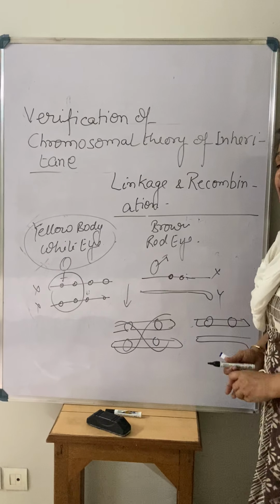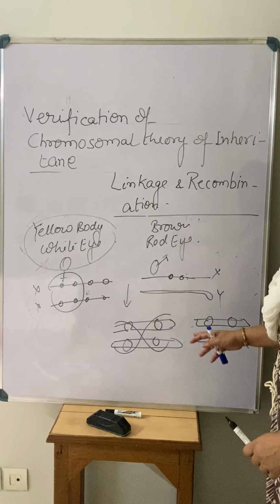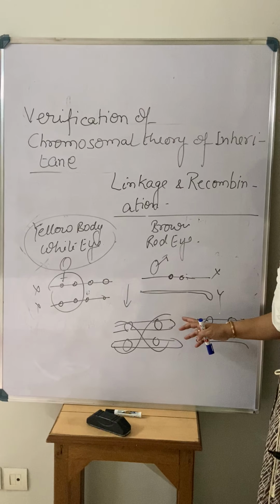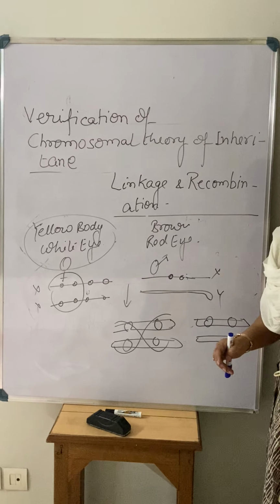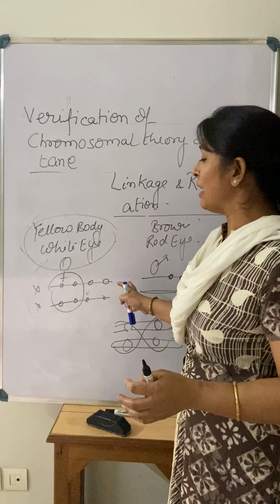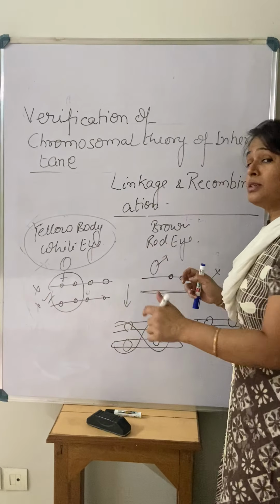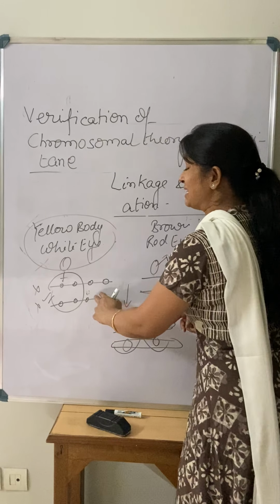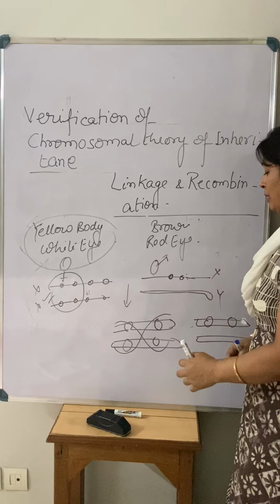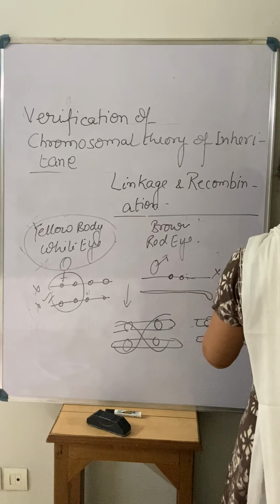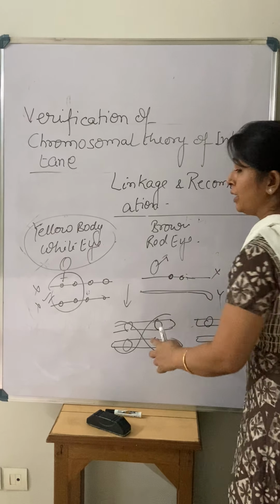So during linkage and crossing over, linkage and recombination are entirely different. In the close case, linkage is more and recombination is less, because the genes are very close to each other. In the far case, linkage is not too much, so recombinants are more.